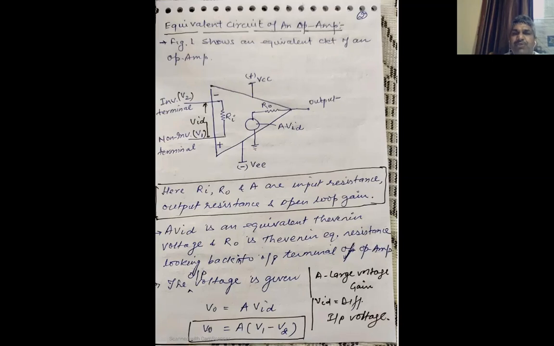The output voltage is given by A·VID, where VID is the difference input voltage, given by V1 minus V2, where V1 is the non-inverting terminal and V2 is the inverting terminal. We are considering V1 as positive and V2 as negative voltage.